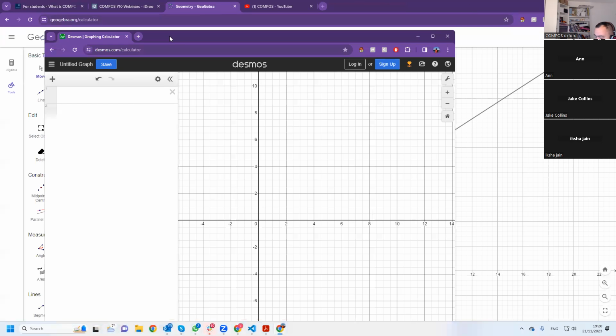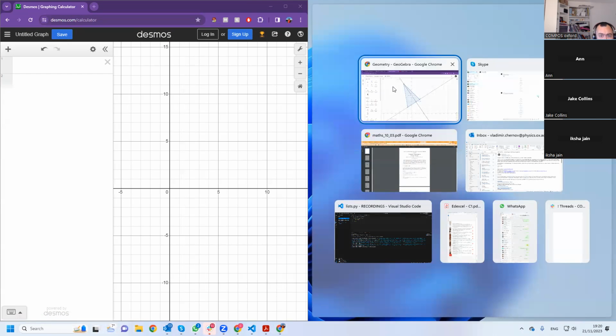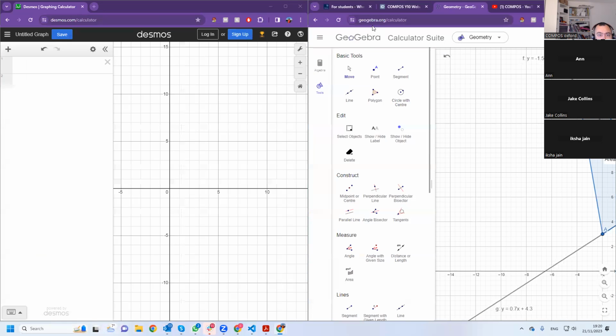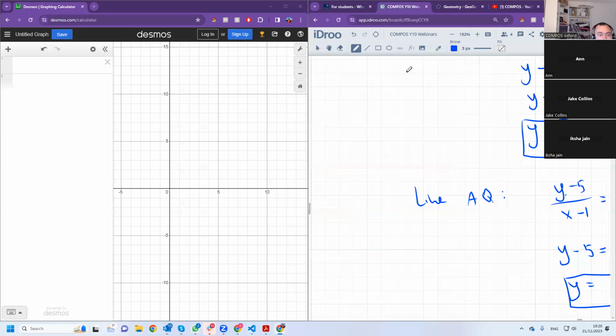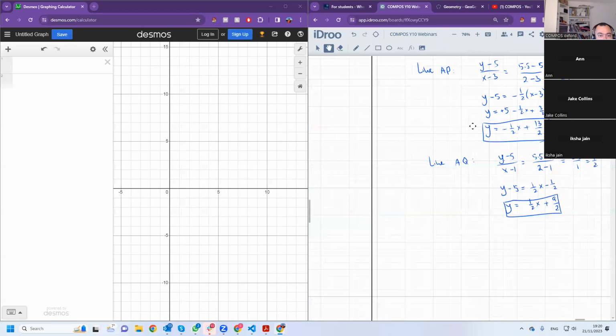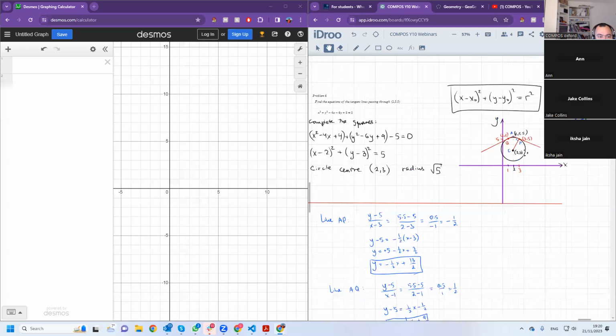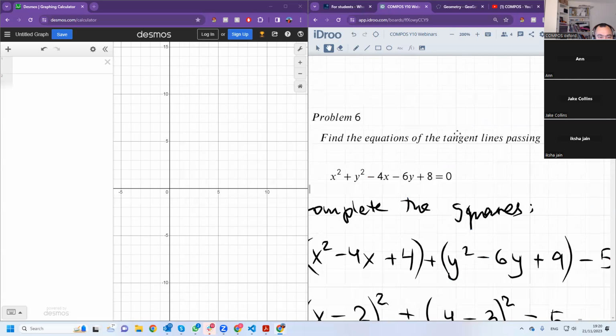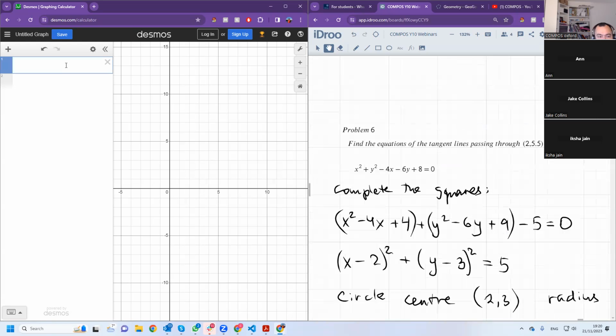So this is Desmos and it's going to be x squared plus y squared minus 4x minus 6y plus 8 equals 0.